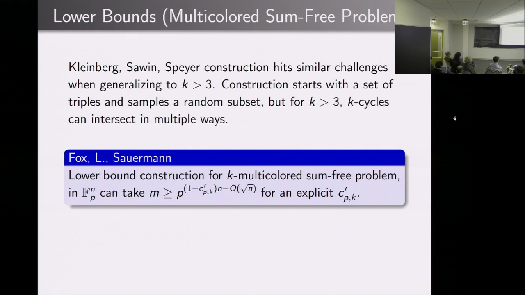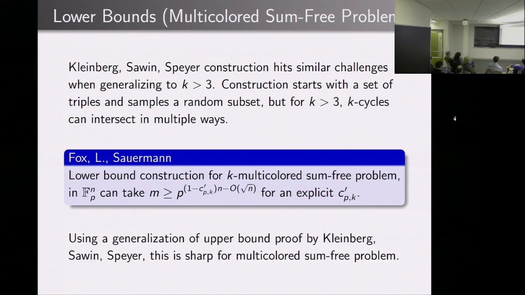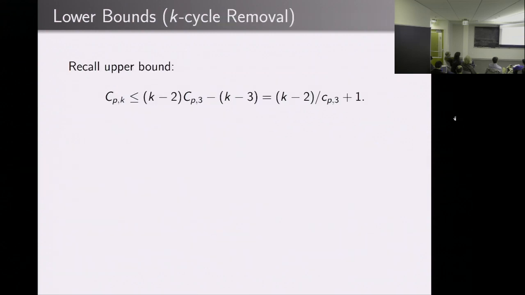And similarly, the upper bound proof actually works for CPK prime if they're not the same. There was a previous iteration of this paper where there was this upper bound proof, and that easily generalizes to K. So for the K multicolored sum free problem, we basically have a sharp bound, modulo this conjecture for K. So now, what does that give for K cycle removal?